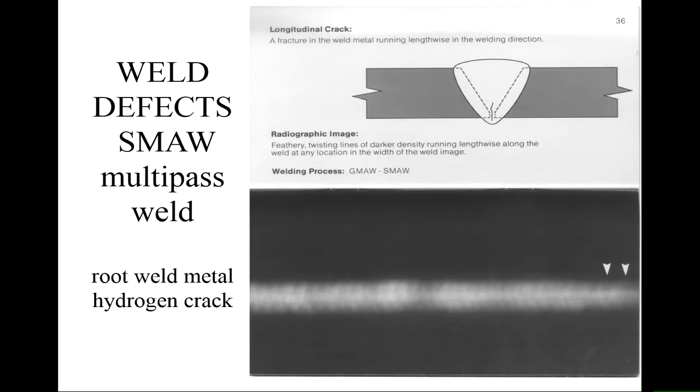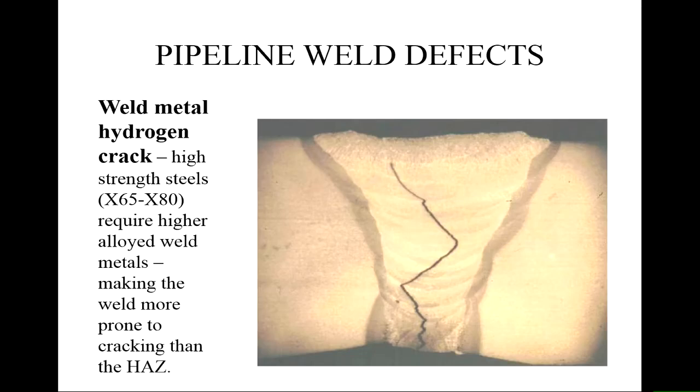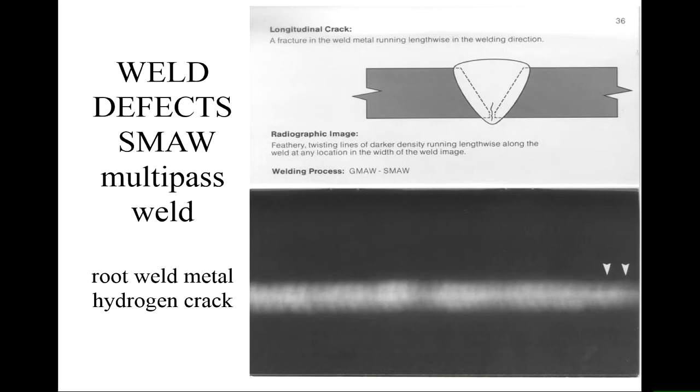Right. Now, remember what we said, we can have longitudinal cracks or transverse cracks. This one is longitudinal. That's how it goes through the weld. In this case it can deviate a little bit, making a zigzag. But depending on that, and looking at the radiograph, it might be quite difficult to observe it.